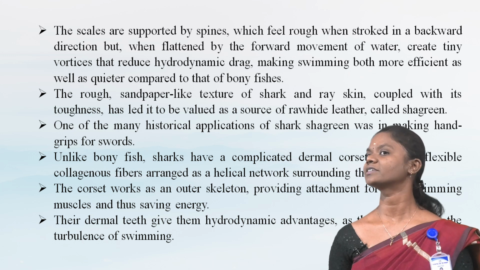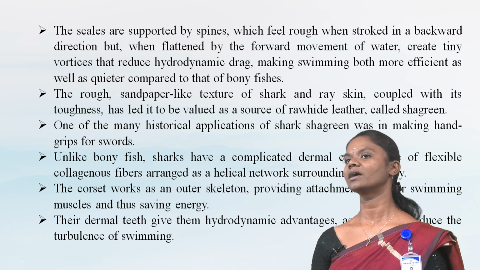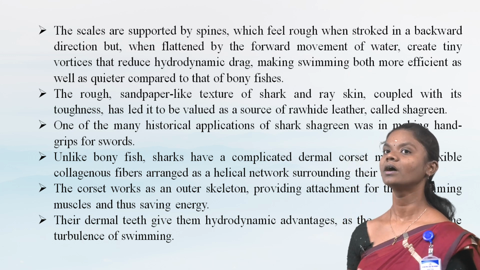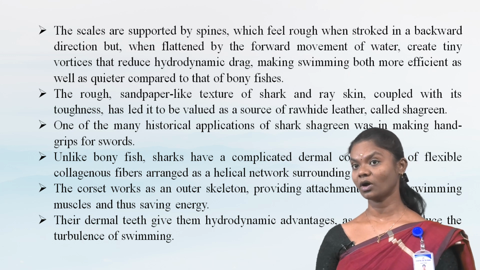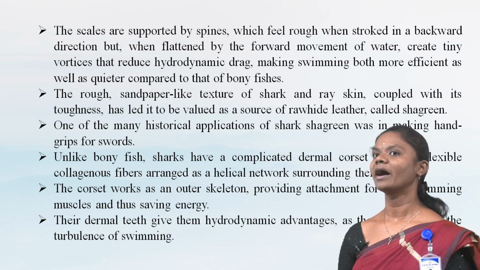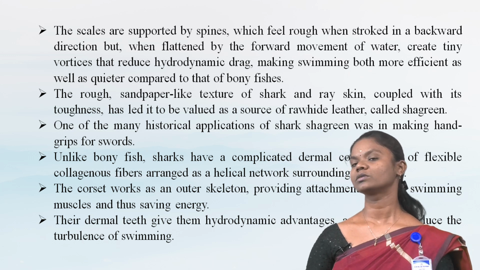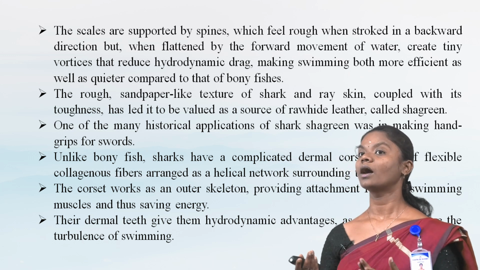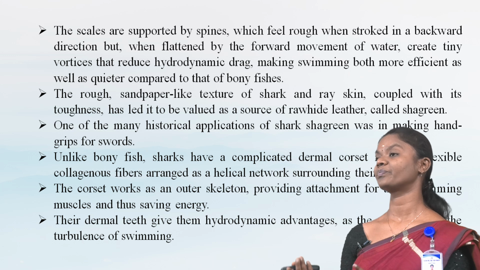One of the many historical applications of shark shagreen was in making hand grips for swords. Unlike bony fishes, sharks have a complicated dermal corset made up of flexible collagenous fibers arranged as a helical network surrounding their body. The corset works as an outer skeleton providing attachment for the swimming muscles and thus saving energy.